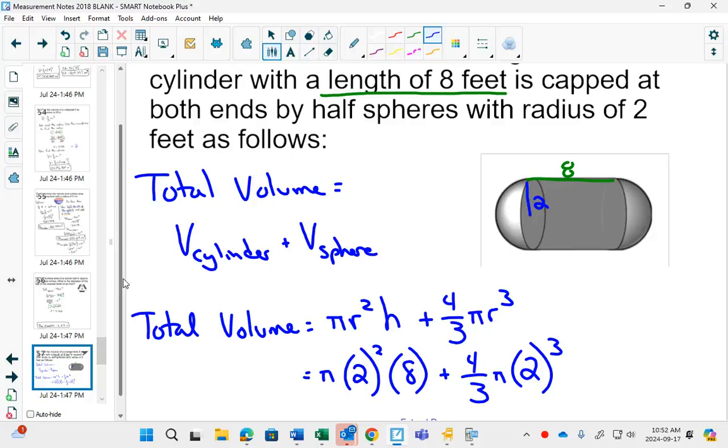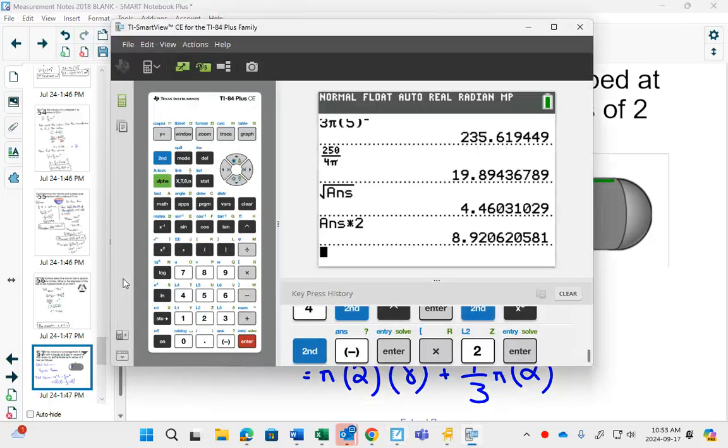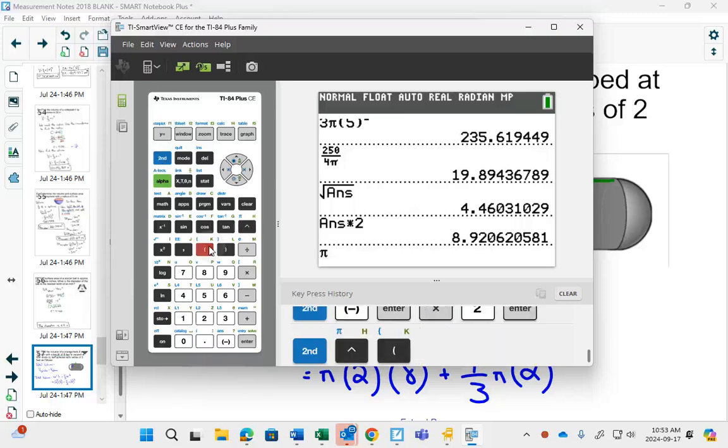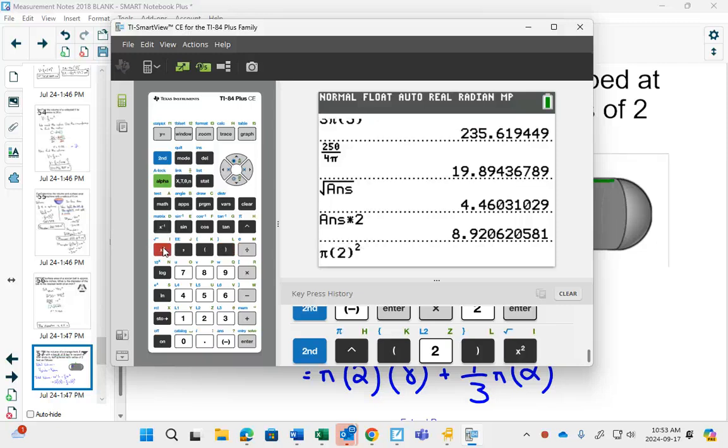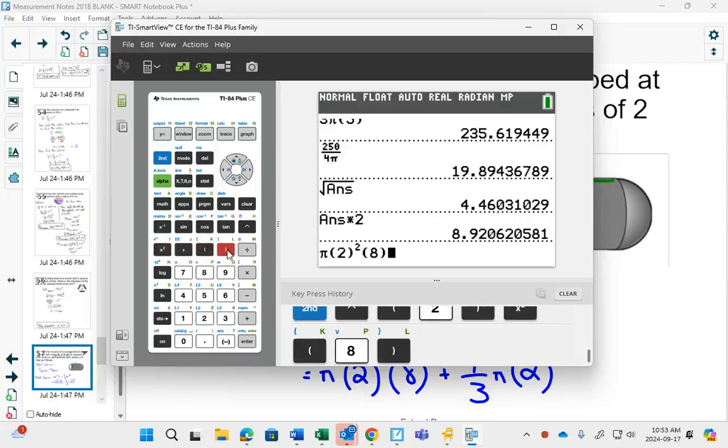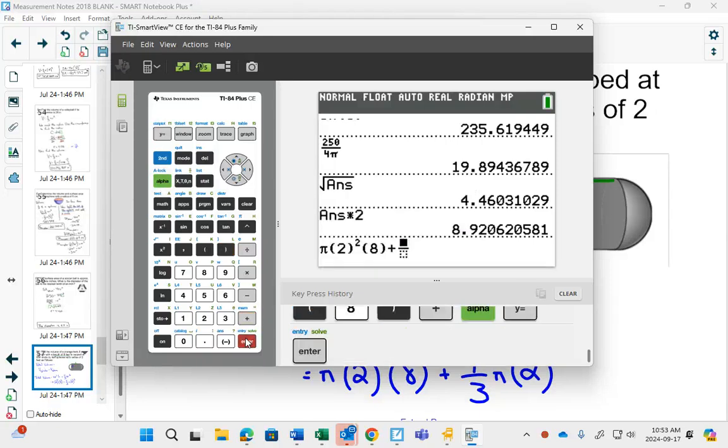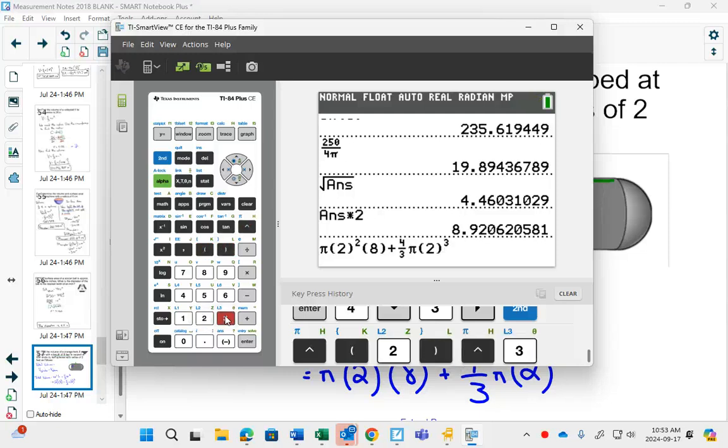And even though this is super long, you can type all of that into your calculator at once. So I'm going to go pi, bracket, 2, squared, bracket, 8, plus 4/3 pi, bracket, 2, cubed.